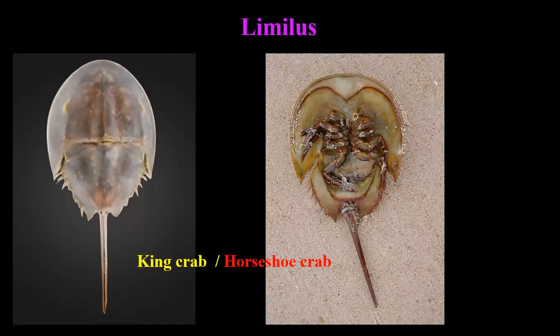They are more closely related to scorpions and spiders and very distantly related to lobsters and crabs. They are marine chelicerates and the only living representative of this class, and the only chelicerate with compound eyes like bees and other insects is this Limulus, the king crab.